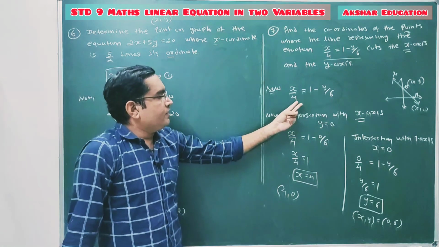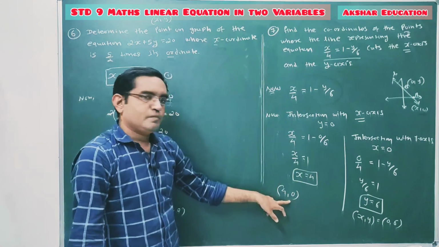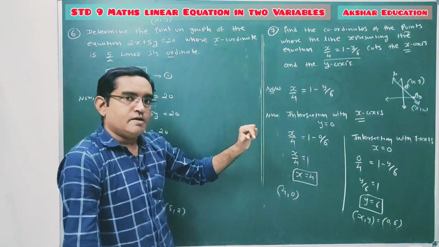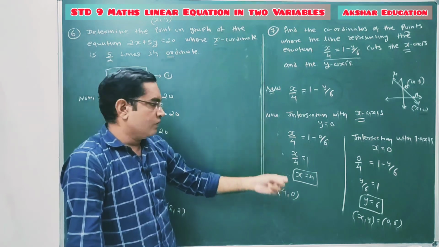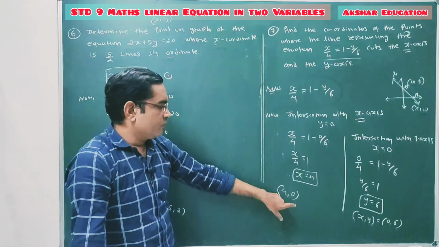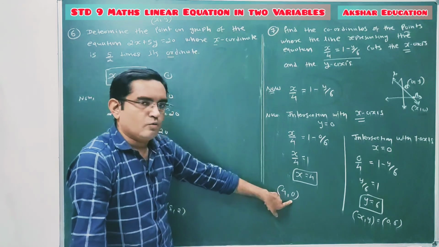So the graph of this linear equation in two variables will intersect the x-axis at the point 4, 0. That intersection point lies on the x-axis, and any point which lies on the x-axis always has y coordinate 0.